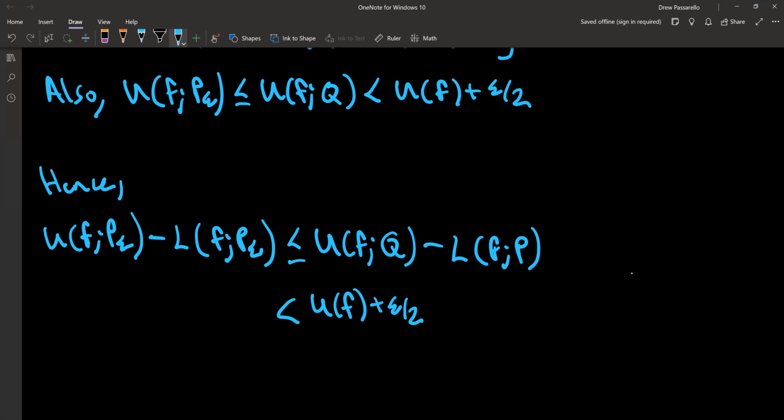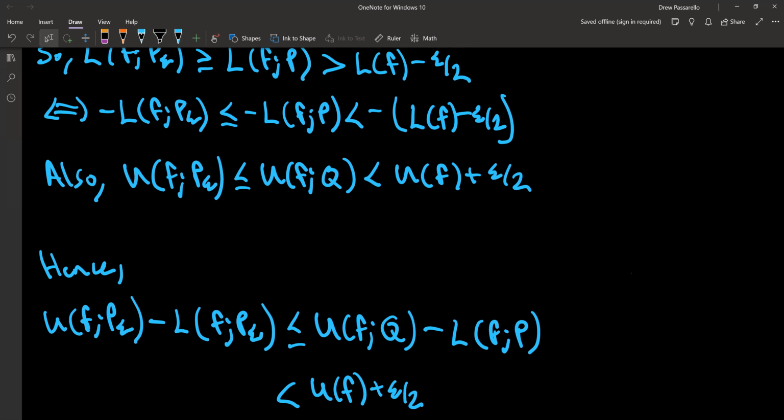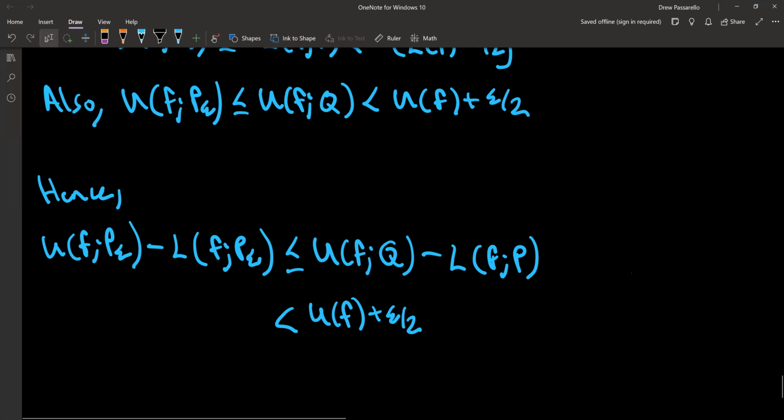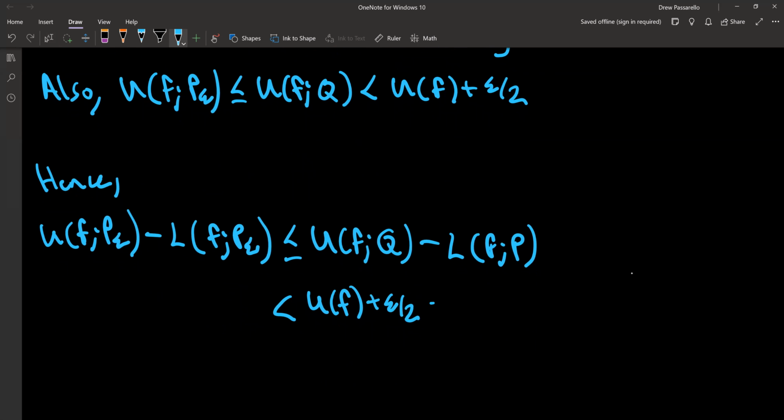And then negative L of f of P is less than the negative of L of f minus epsilon over 2. So this would be less than, and then minus L of f minus epsilon over 2.